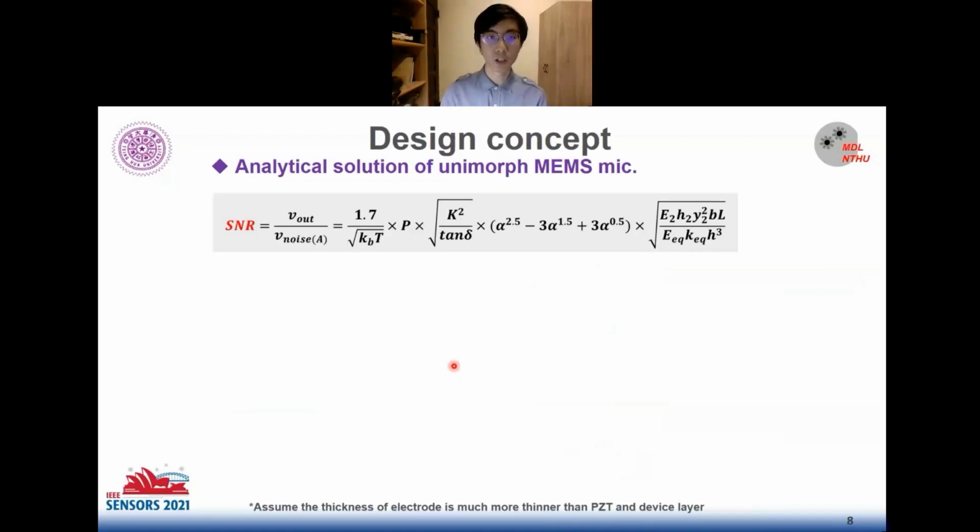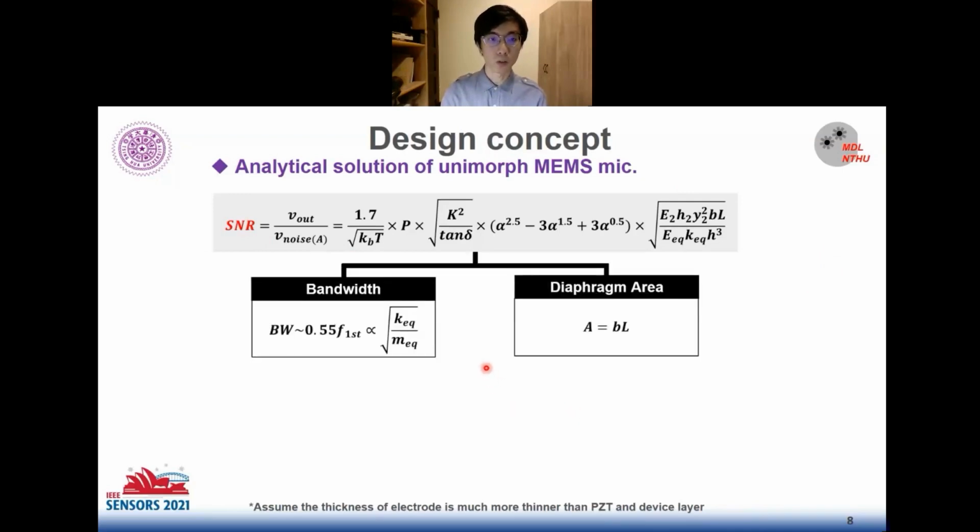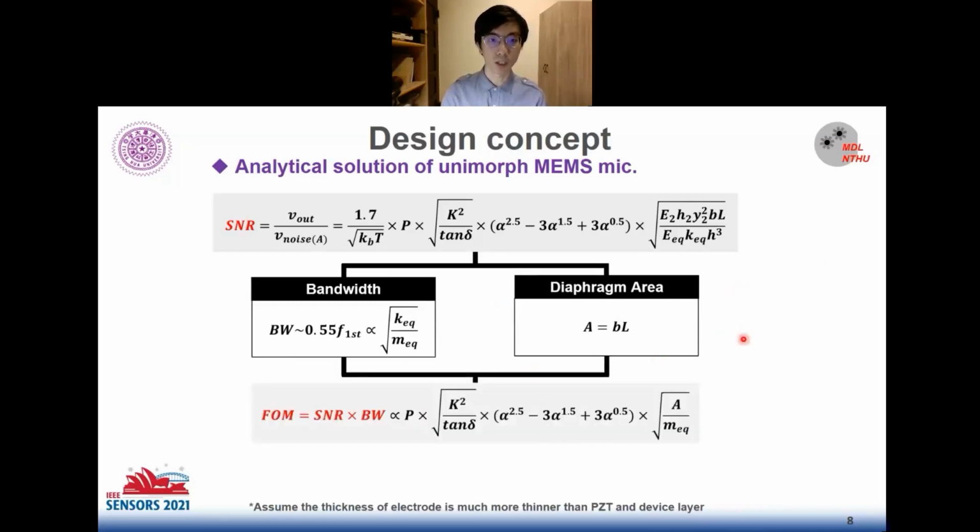The analytical solution of unimorph MEMS microphone shows that the signal-to-noise ratio will be determined by this parameter. And I try to combine the bandwidth and diaphragm area in this equation, and we can get a final relation between the signal-to-noise ratio and bandwidth.